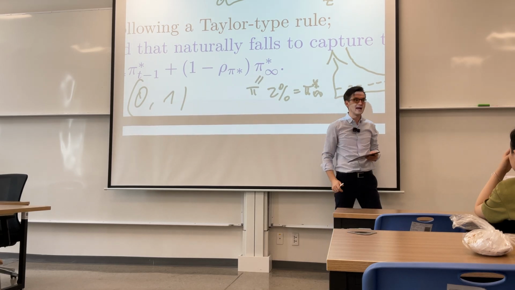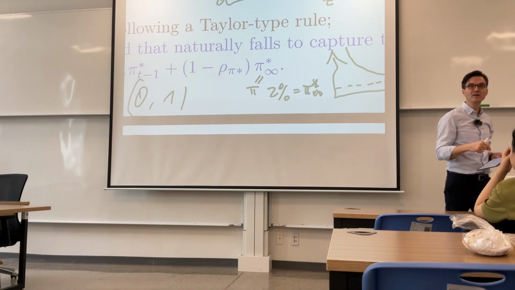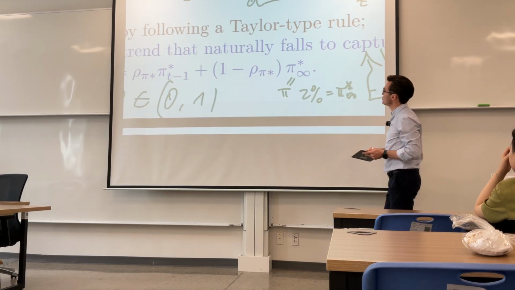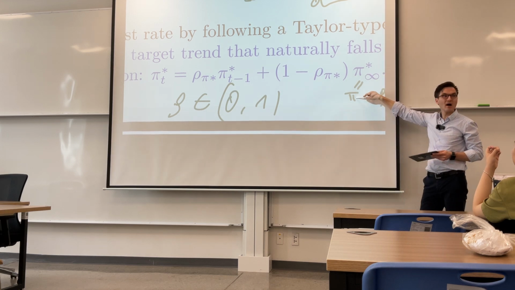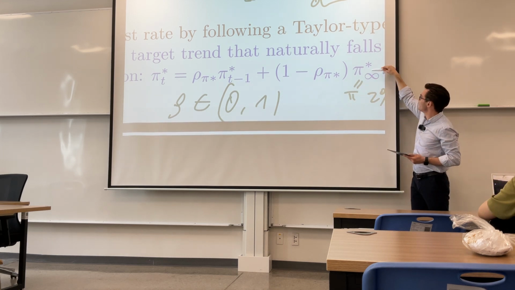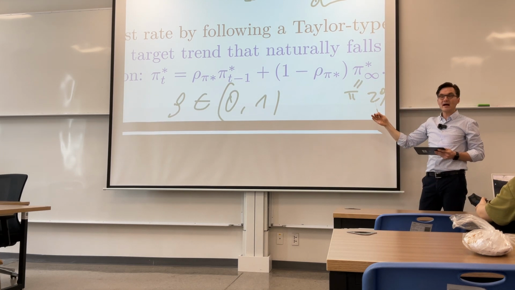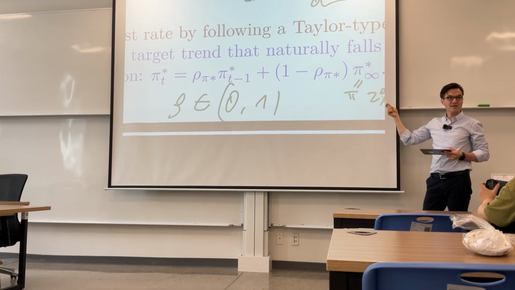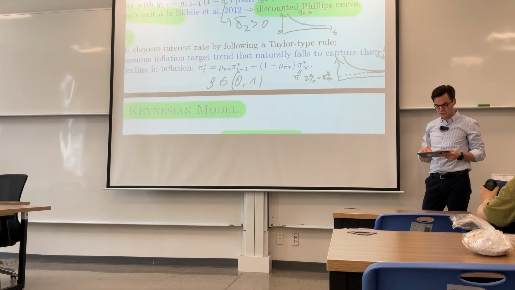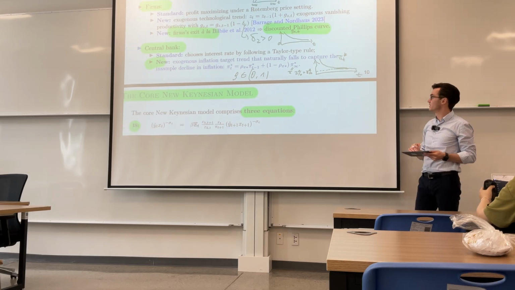If you look at the paper, they have written this equation with just pi instead of pi star infinity. Pi star infinity is just 2%, and they made up a new symbol for that in this equation, but they didn't carry this through into the Taylor rule.